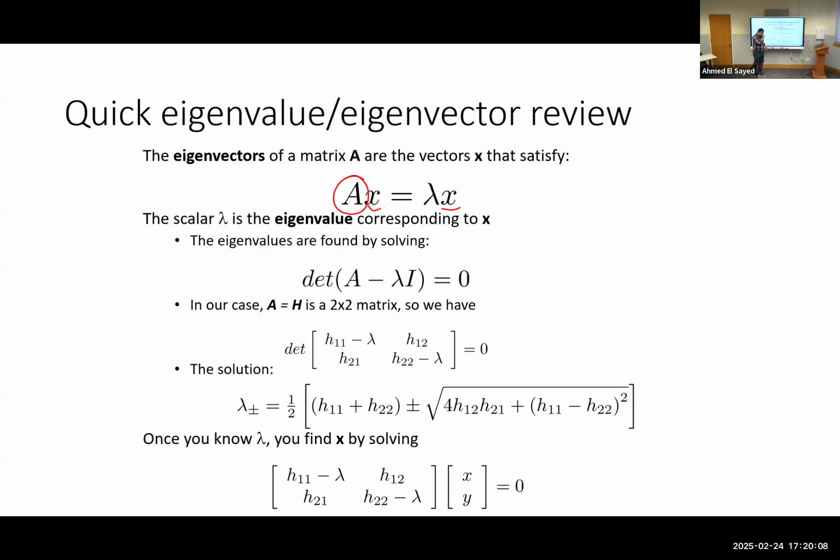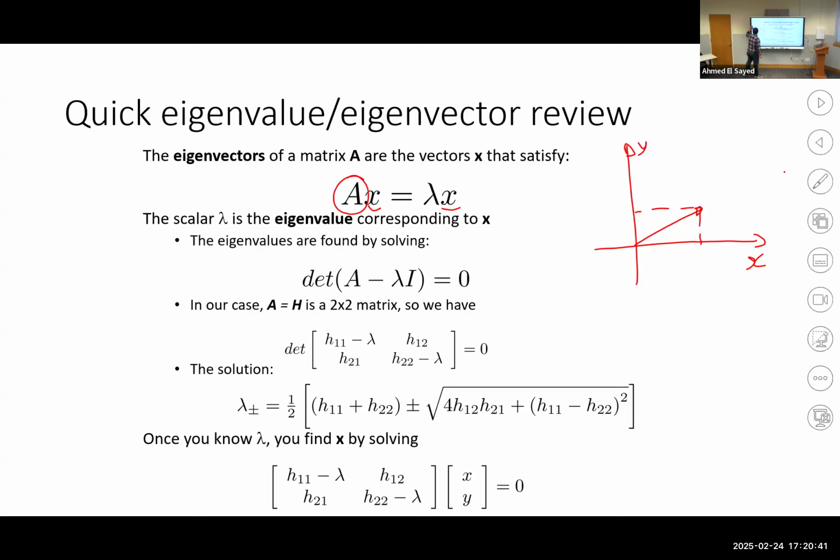So for example, if you have a matrix, something like this, and you have a vector like this, I can resolve this one into two components, one in this direction and the other in this direction.